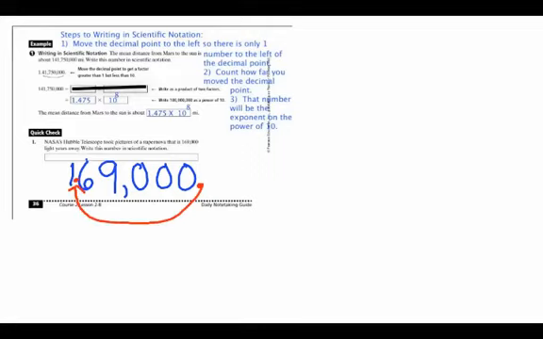So we end up with 1.69 times, count how far did we move it? 1, 2, 3, 4, 5 places. So our exponent is going to be 10 to the 5th power. It's always a power of 10 we're multiplying by, and it's to the 5th power because we moved our decimal point 5 places to the left.